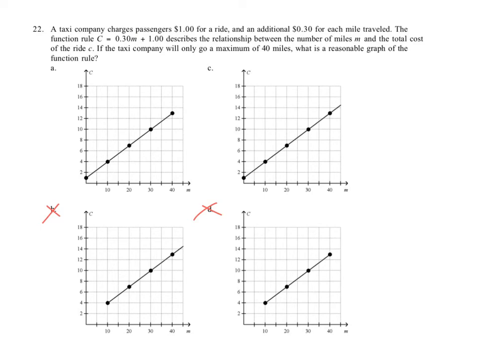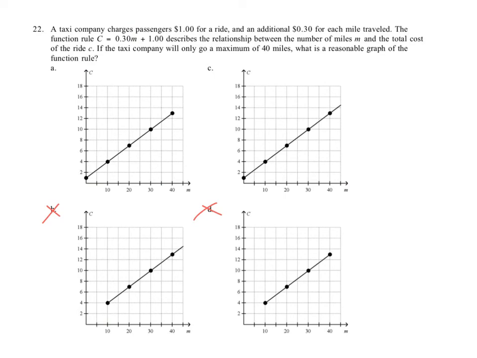So $12 is the maximum I could pay if I went the full 40 miles, plus $1. So I would have a $13 maximum that you'd end up paying in a taxi in this situation. That'd be the most that you would pay if you went the full 40 miles at 30 cents a mile. So between 0 and 40 for M is the domain, and that's the range.